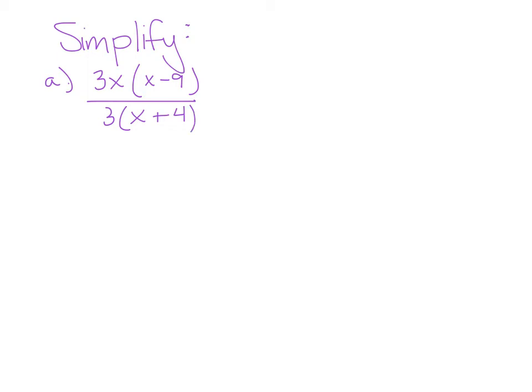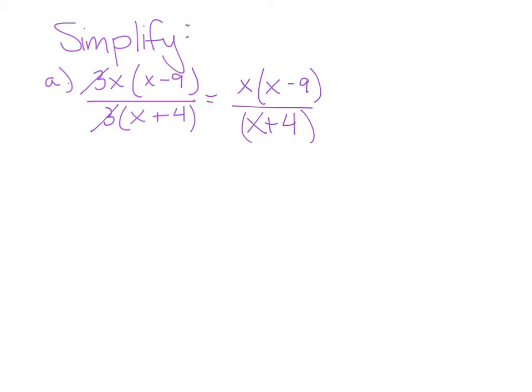Okay, so we want to look at this and see what the common factors are. Well, x minus 9 and x plus 4 are different in the numerator and denominator. But I see that both of these have a 3, so we can cancel the 3. And we're left with x times x minus 9 over x plus 4. Done. That's simplified. We can't do anything else with that problem.